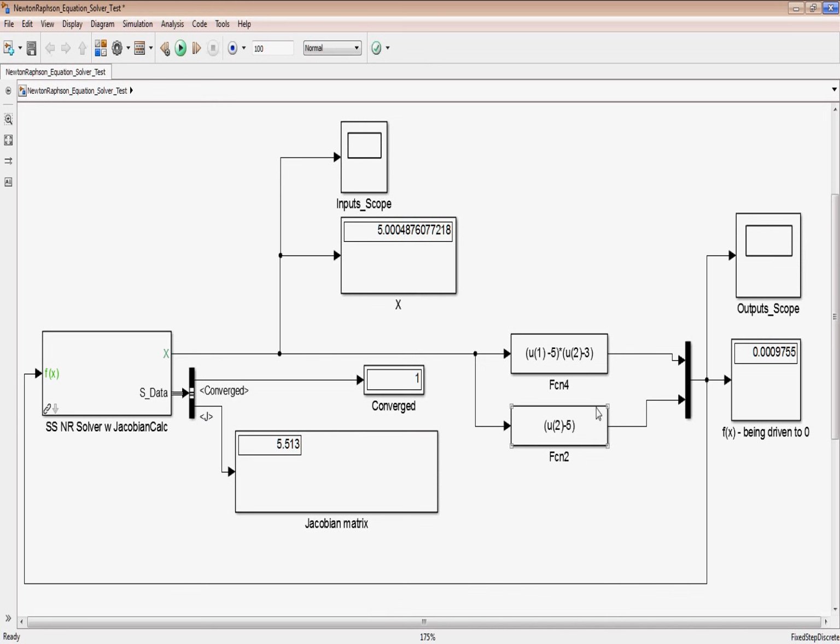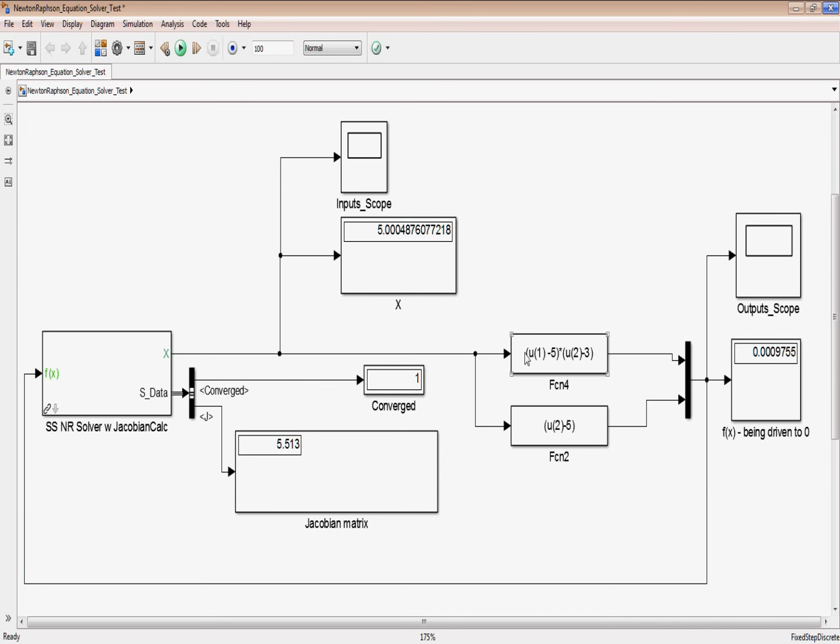Okay, so by inspection we can look at this and you can say that u2 minus 5, the answer to that one is that u2 is equal to 5. If you then take that 5 up here and you do 5 minus 3, you get negative 2. And the only way negative 2 can be equal to 0 is if you multiply it by 0.